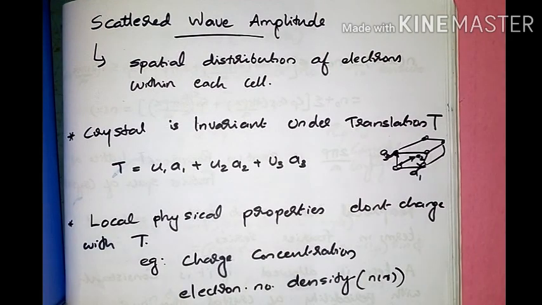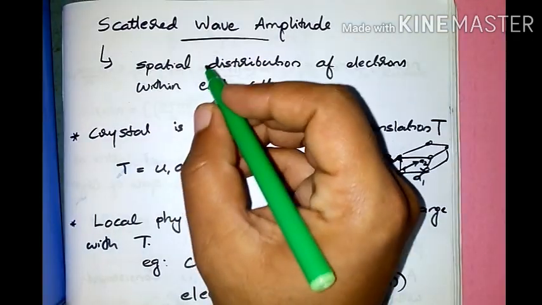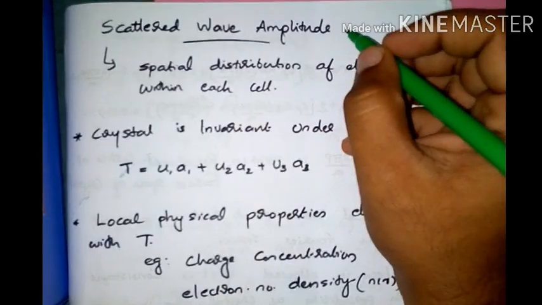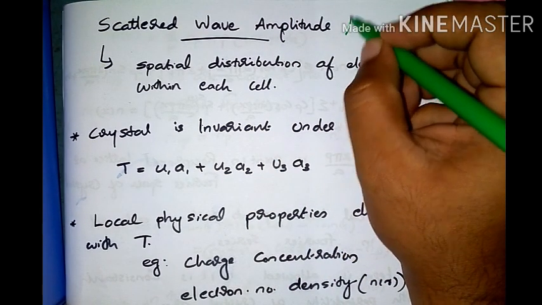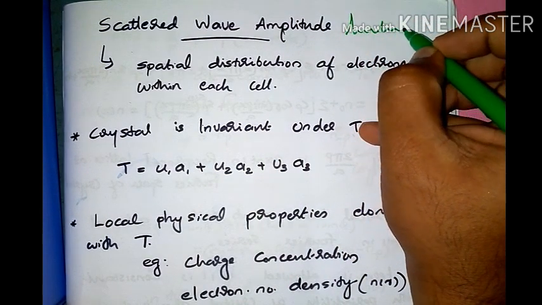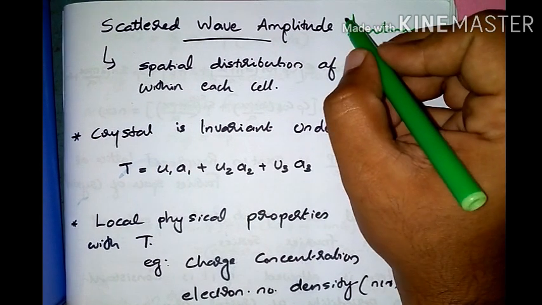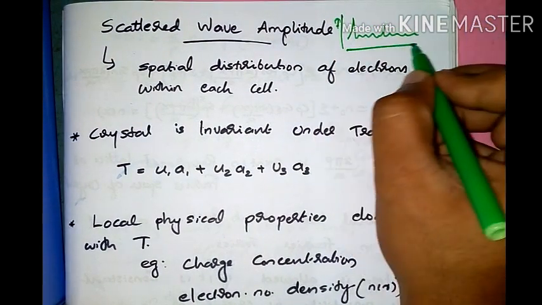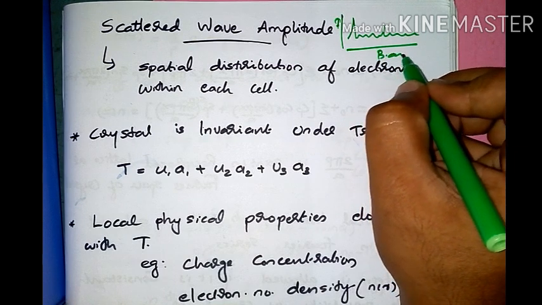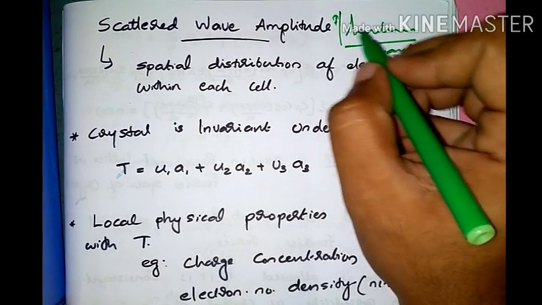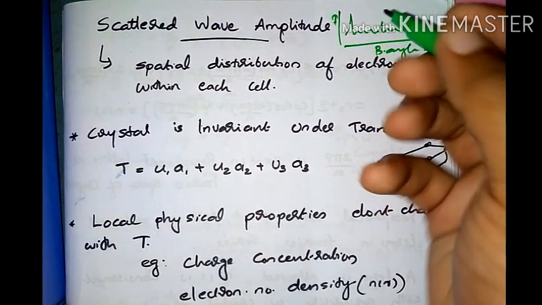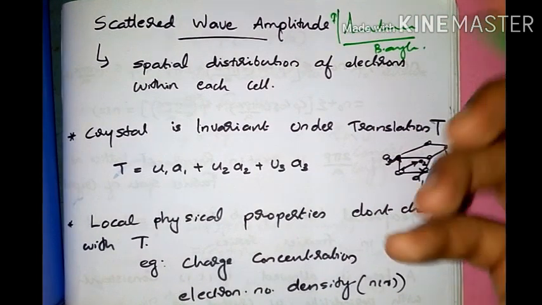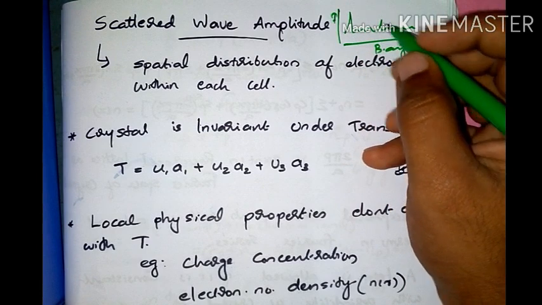Now let's try to understand scattered wave amplitude. In the diffraction pattern that we have obtained in an XRD, we have intensity versus Bragg's angle plot, and you can see different planes have different intensities, and we have to analyze why different planes have different intensities.